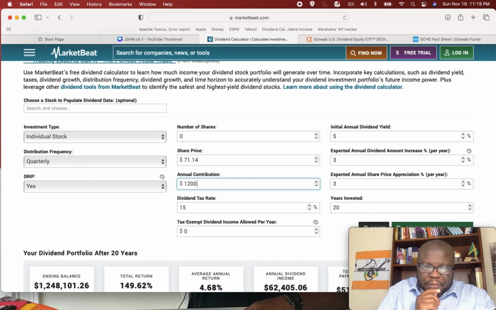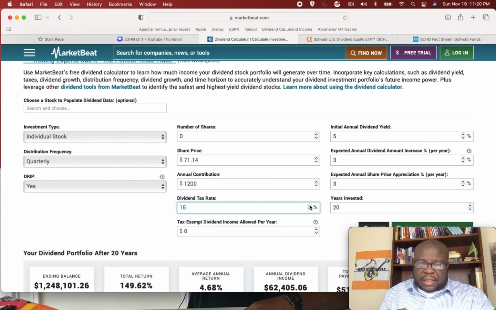Okay. The dividend tax rate. They give us the option, we'll make it 15%. I believe SCHD is taxed as qualified dividend.